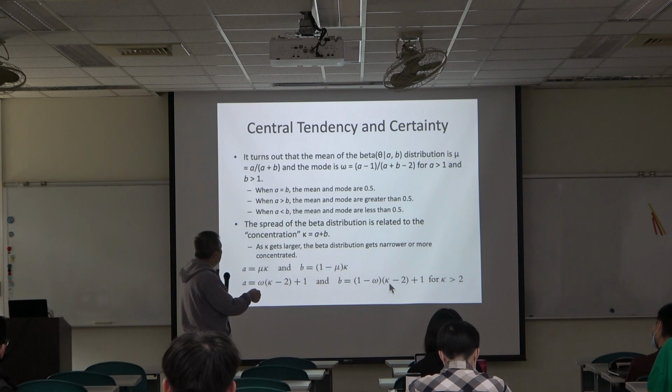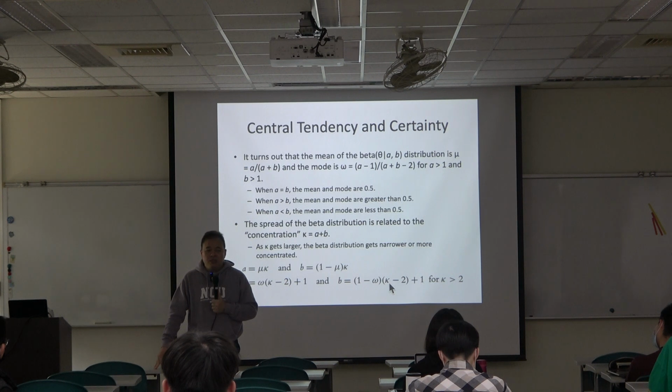And the omega. So what is omega? Omega is the mode. You could describe central tendency in two different ways. The first way is to use mu, the average or expected value.